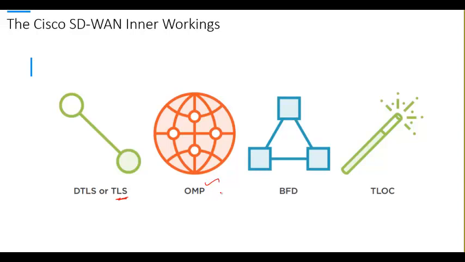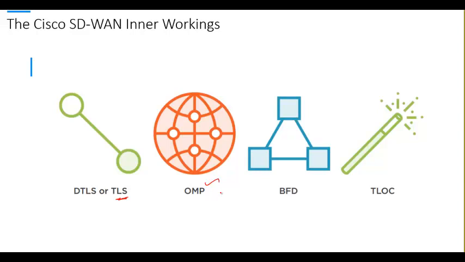This information is shared by the OMP protocol. How vSmart knows about the routes, it's all through OMP. So the information comes from Overlay Management Protocol.